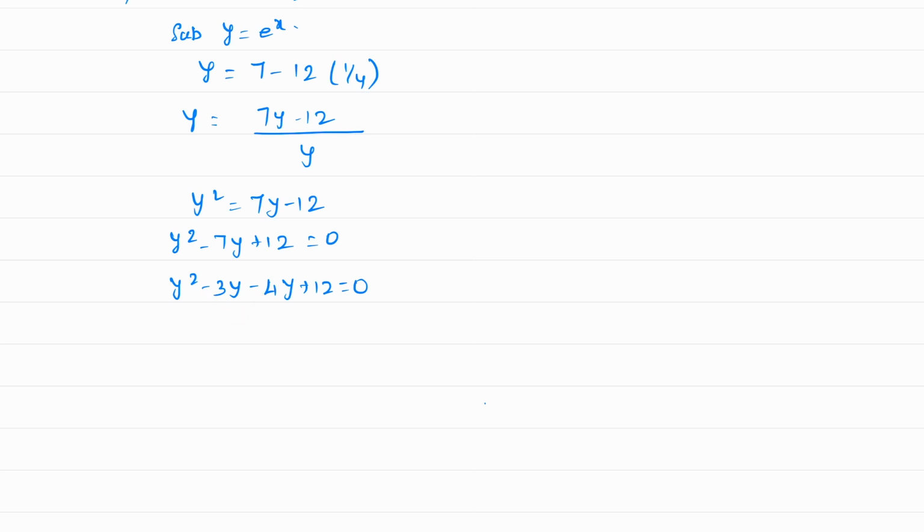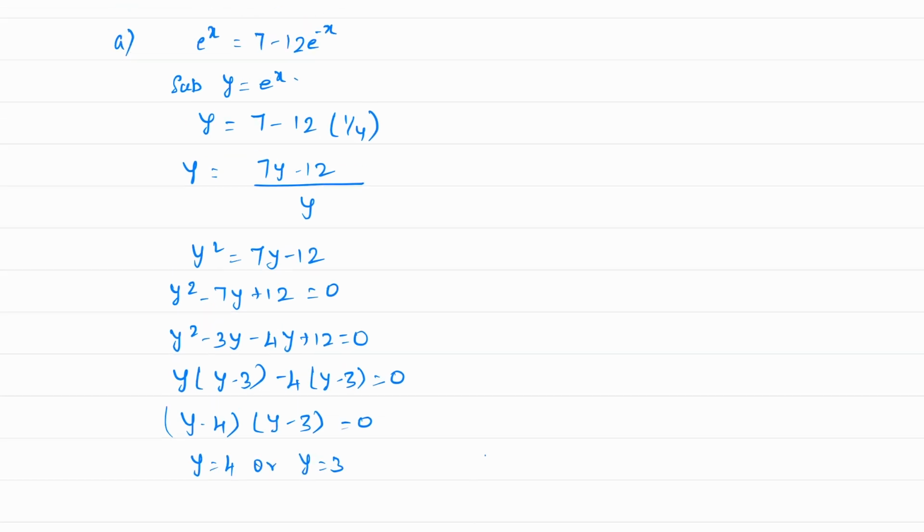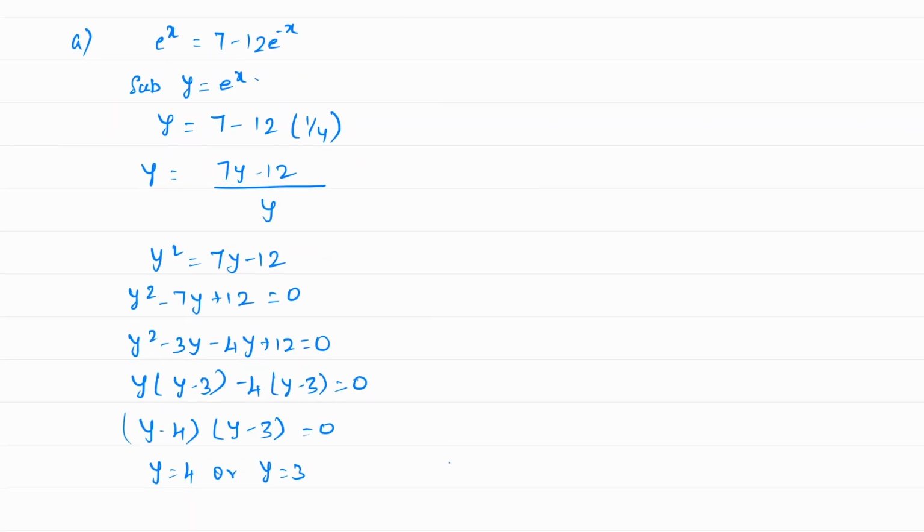So this is y into y minus 3 minus 4 into y minus 3 equals 0. Therefore y minus 4 times y minus 3 equals 0, and we can say y equals 4 or y equals 3. There are two possibilities, so let's do them one by one.